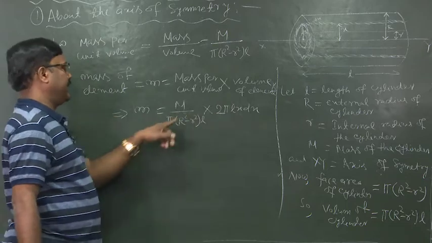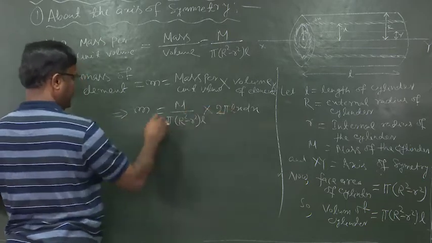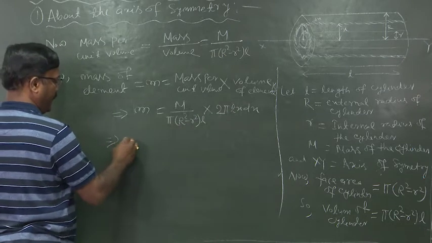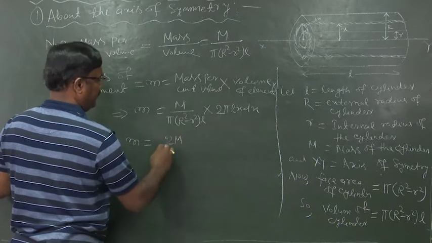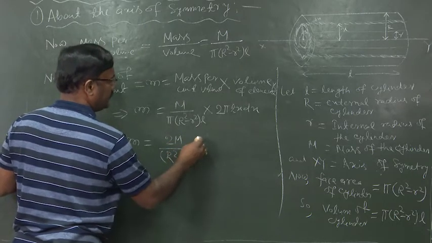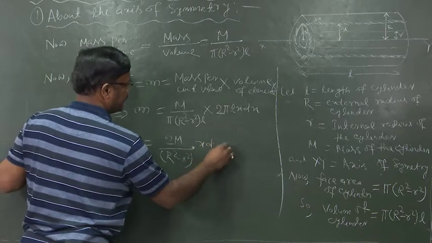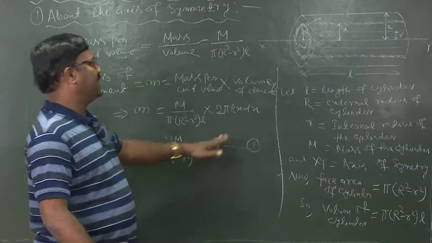Now, pi gets cancelled, L gets cancelled, so we can write m is equal to 2M by (R square minus r square) into x dx. This is the mass of the element we considered.